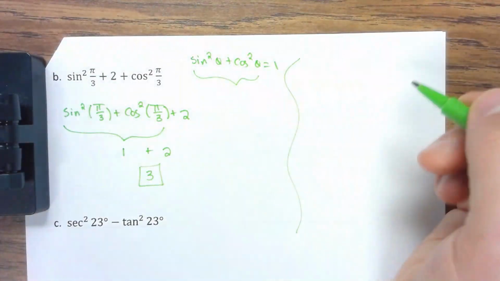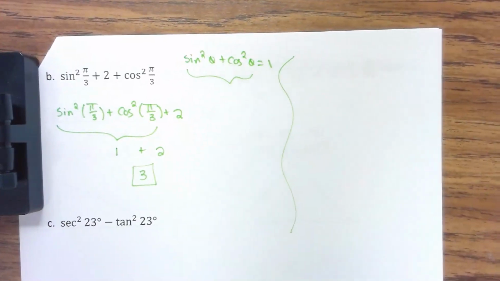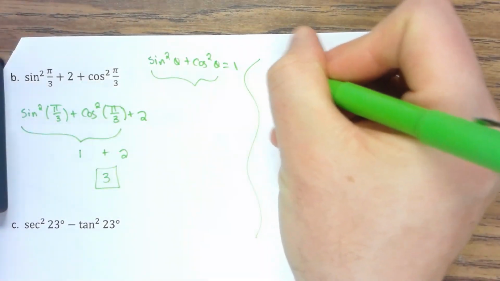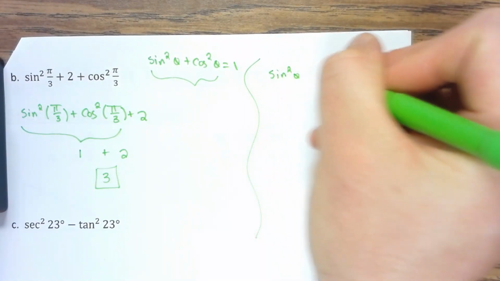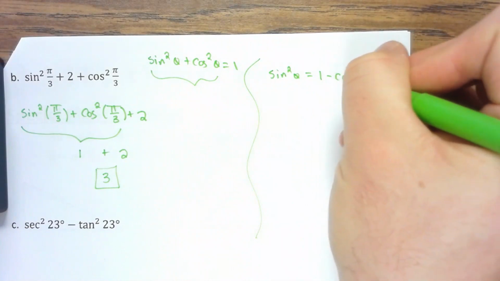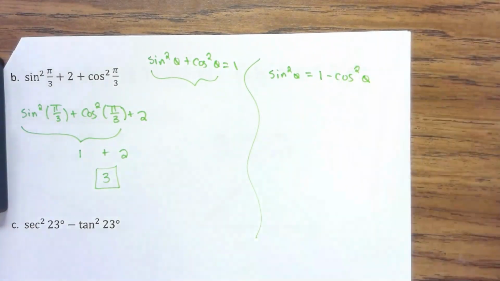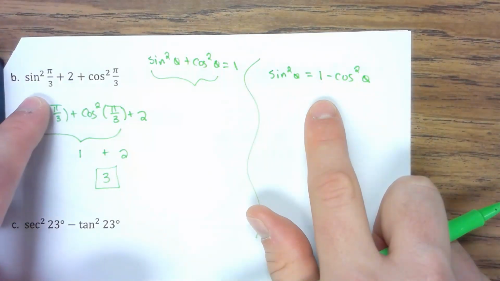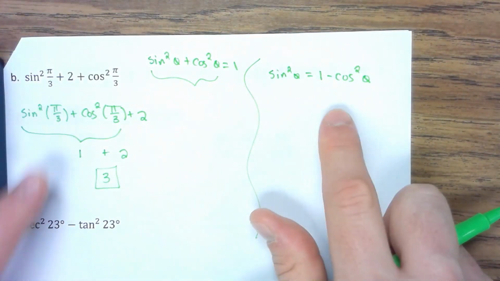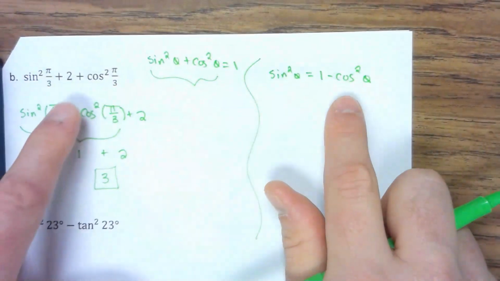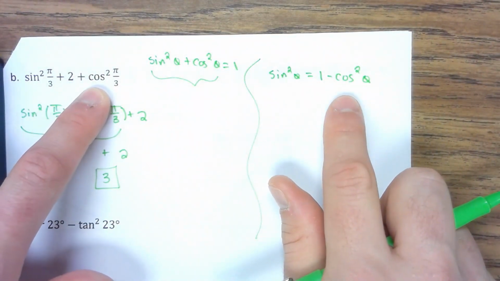So sometimes a common thing to do, I don't think you're going to need to do this with any of our identities that we're working on today, is I could take sine squared of theta plus cosine squared of theta equals 1 and subtract cosine squared of theta, so I get sine squared of theta equals 1 minus cosine squared of theta. This could have been used in this identity to replace sine squared of pi over 3 with 1 minus cosine squared of pi over 3, which then would have canceled out with this cosine squared of pi over 3.